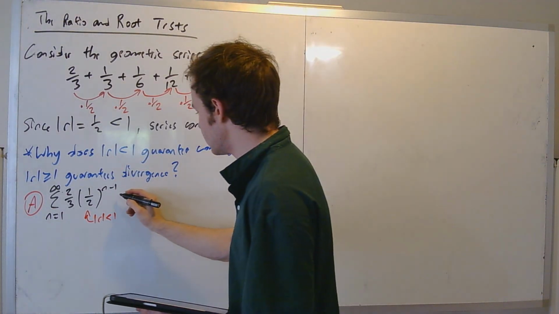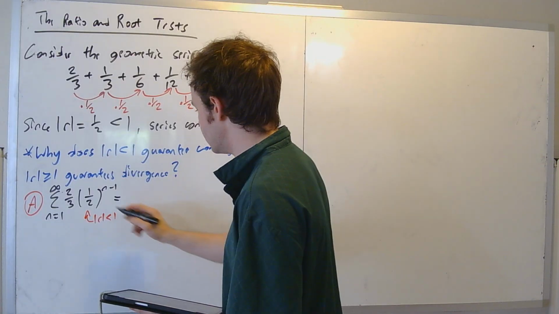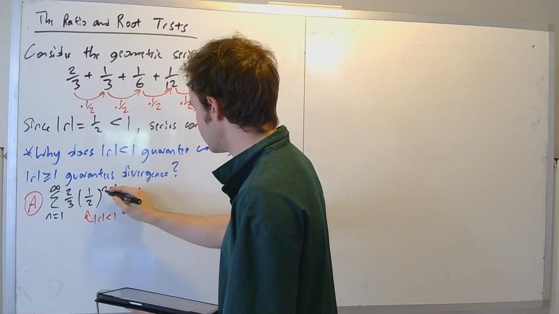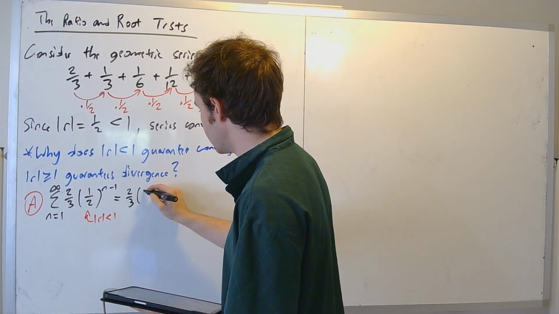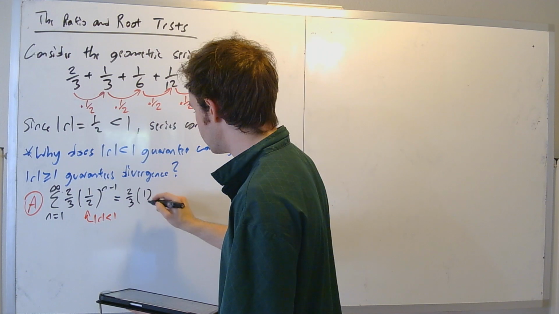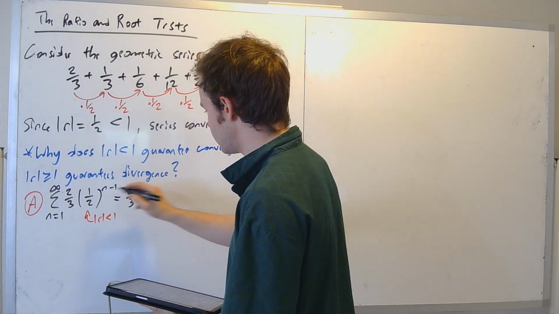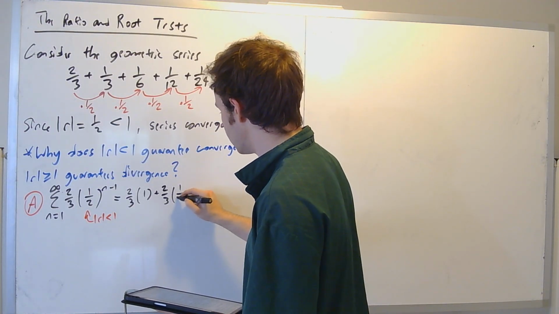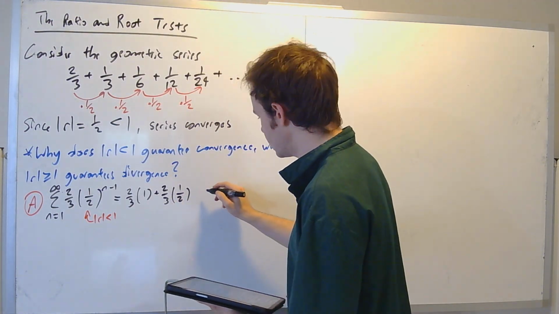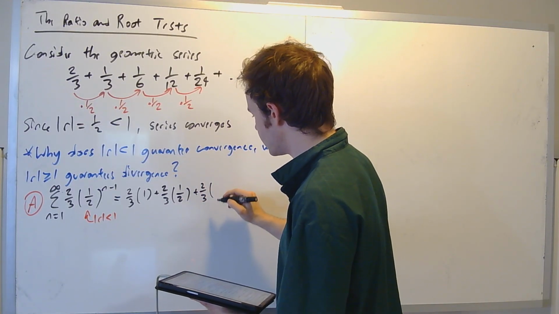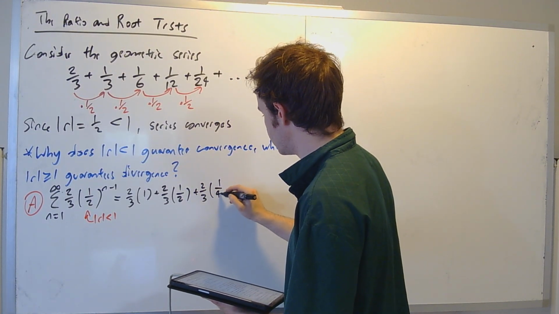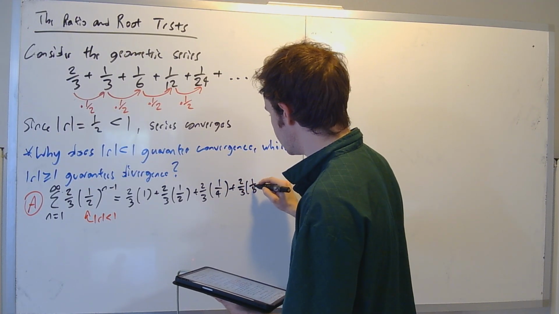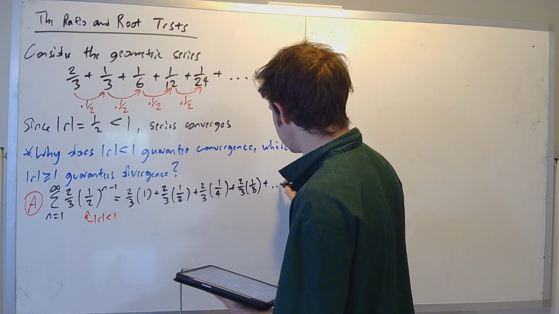So let's just look at the terms in this sum. Here first we're going to have 2/3 times, if we plug in n equals 1, we're going to get 1/2 to the 0, which is 1, plus the second term is going to be 2/3 times 1/2 to the power of 1, which is 1/2, plus 2/3 times a half of that, which is a 1/4, plus 2/3 times a half of that, which is an 1/8, plus, and so on.